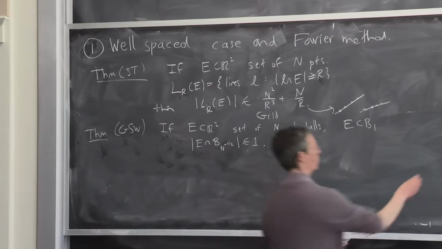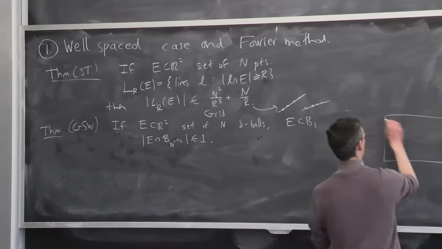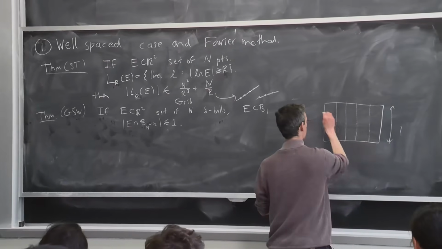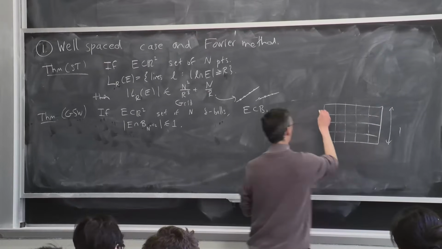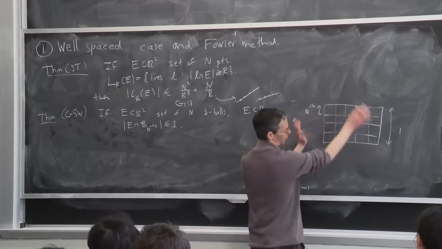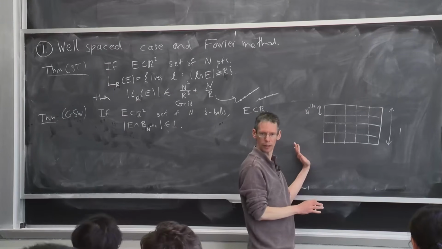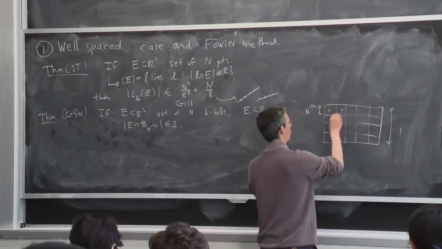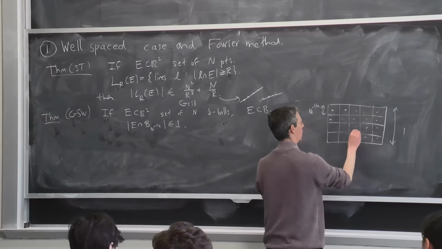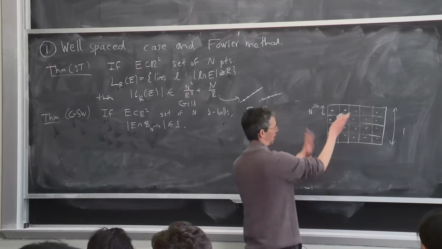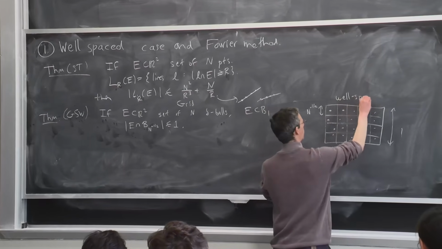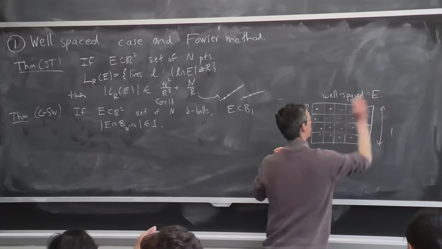So in other words, if I take a unit square and I subdivide it into squares of side length n to the minus a half. That's been chosen so that there are n squares in this picture. And then I put 1, or roughly 1 point in each of these squares, 1 delta ball. Then this is what our set looks like. So this is a well-spaced set.